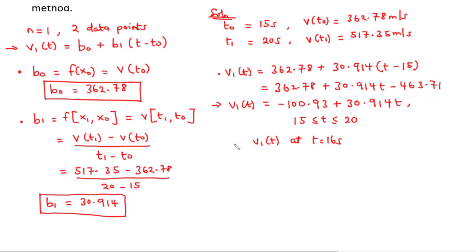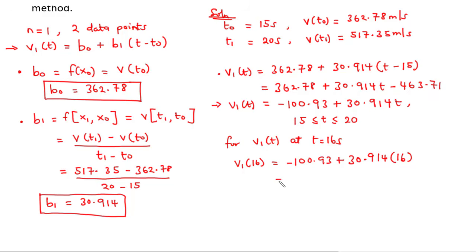So for v1 of t at t equal to 16 seconds, we have v1 of 16, which is equal to negative 100.93 plus 30.914 times t, that is 16.